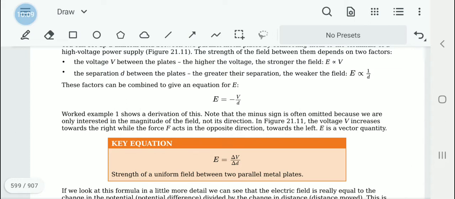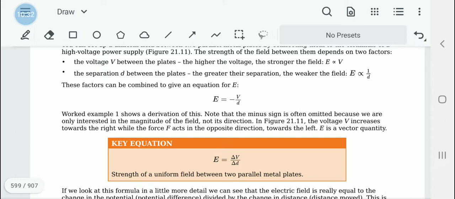Now we usually omit this negative sign because we are not really interested in the direction of the field, but only the magnitude. So we can eliminate that.